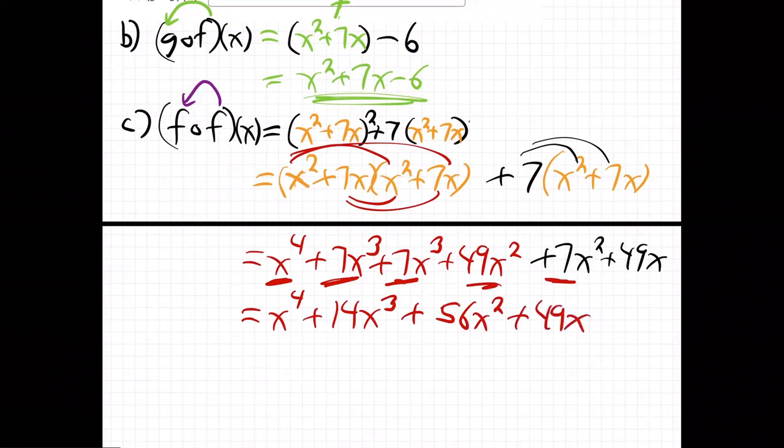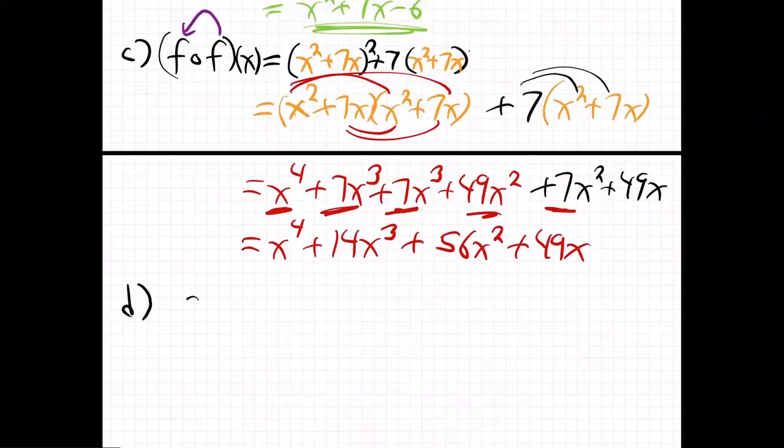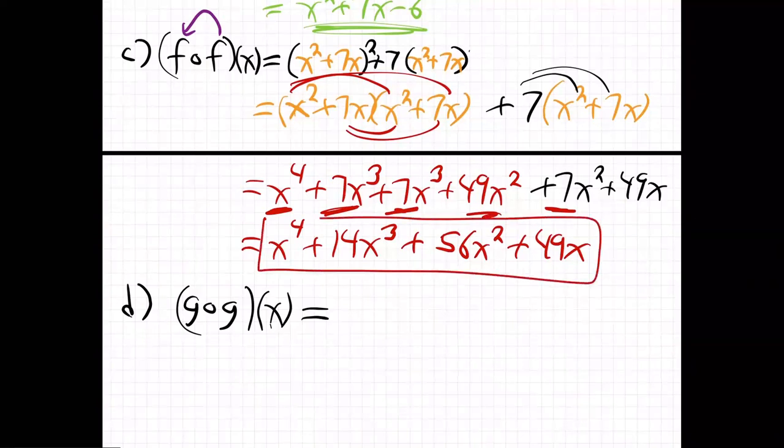See how I just underline them as I use them, just to make sure I didn't miss anything when I gather all my like terms. That making sense? Finally, one last part, part D, which is g of x. Here, let me put a box around this final answer.